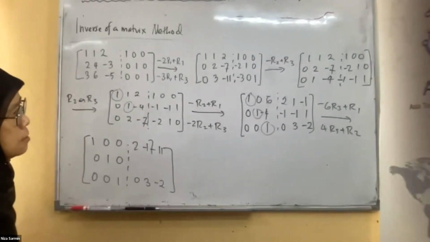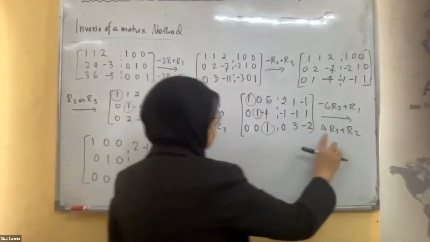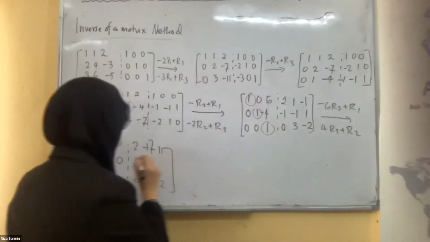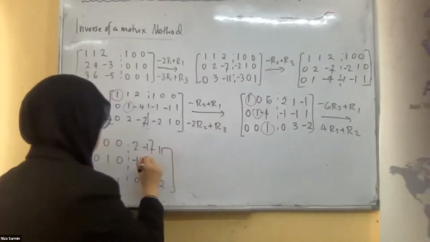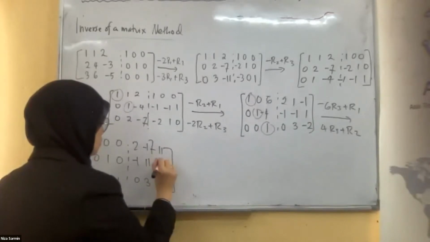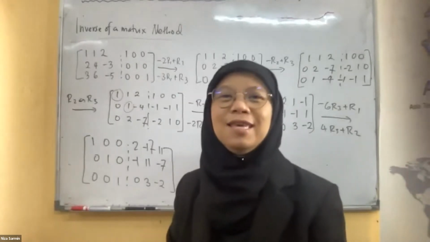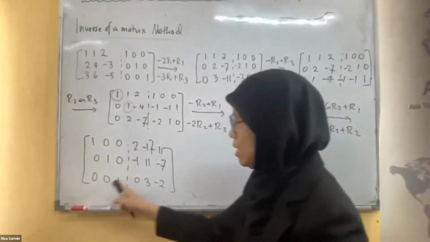And then, okay, now 4 row 3 plus row 2. So finally, we get the inverse because this is already the identity.